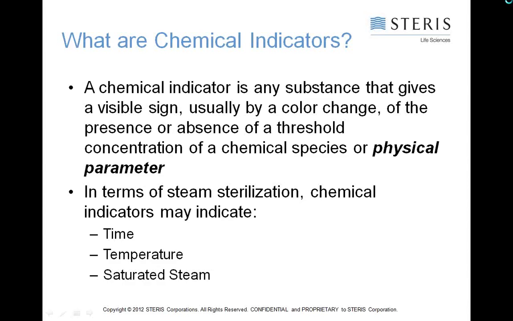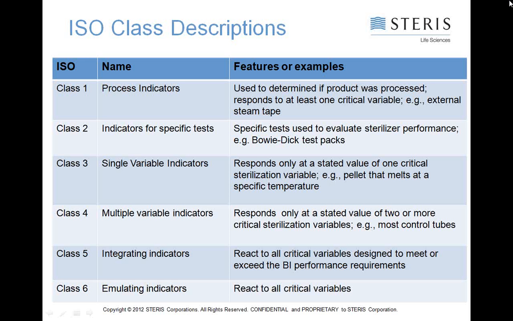The difference between, and I get this question a lot, the difference between the class 5 and class 6 is really cycle specific, and BI correlation. So the class 6 CIs are really designed to be cycle specific. So each cycle with different time or temperature, you would have a separate CI.